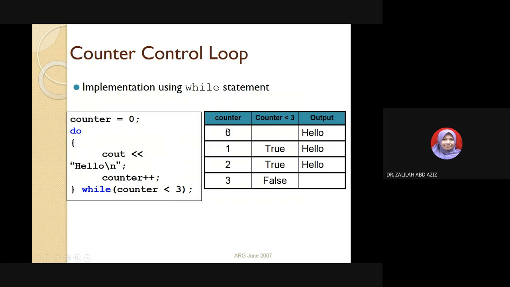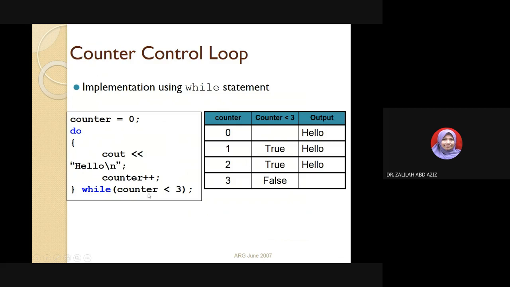Let's look at the tracing table. So counter start with 0. Okay, first kali dia tak evaluate kan kat sini. Dia terus buat cout hello. So cout hello. And then counter +1 now, counter becomes 1. 0 plus 1 is 1. Dia akan check lah, adakah 1 less than 3? Ya, true. So dia akan pusing sini. Dia akan display hello. Now counter +1 is 2.